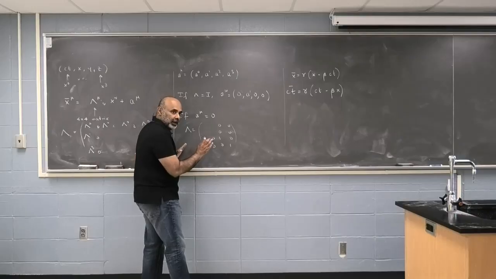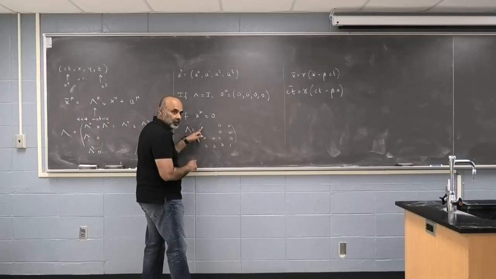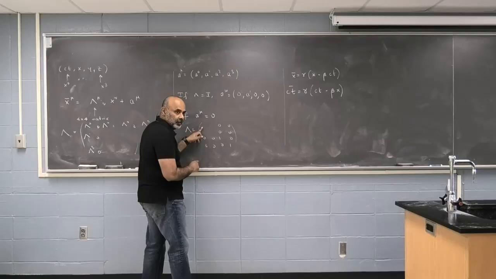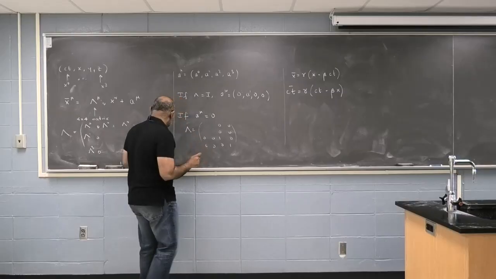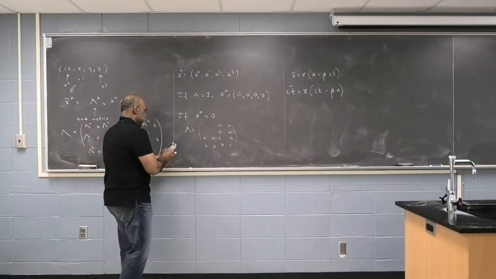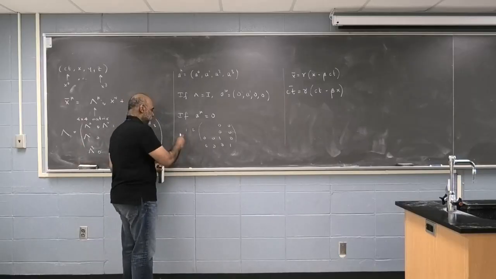Well, let's do it one at a time. Tell me what goes here. That one should be gamma times 1 minus beta x. I'm making it confusing, you know that, don't you?